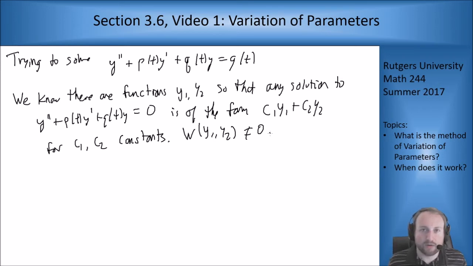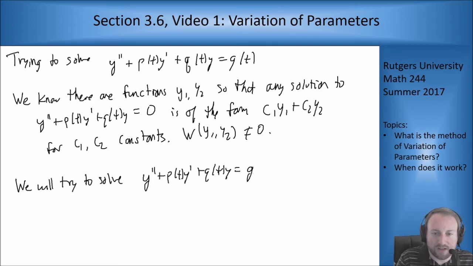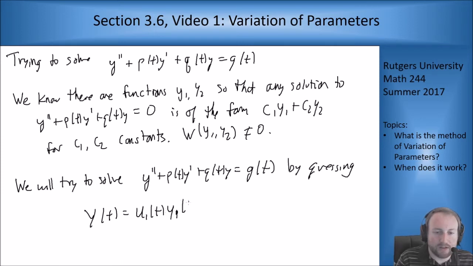So what we're going to do is vary the parameters, vary those constants, and see if we can solve the non-homogeneous equation that way. So we will try to solve y double prime plus p of t y prime plus q of t y equals g of t, the non-homogeneous equation, by guessing y of t equals u1 of t times y1 of t plus u2 of t times y2 of t.